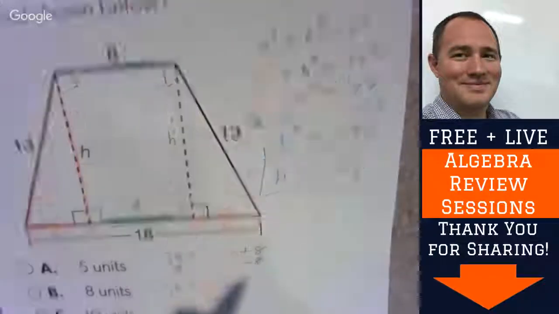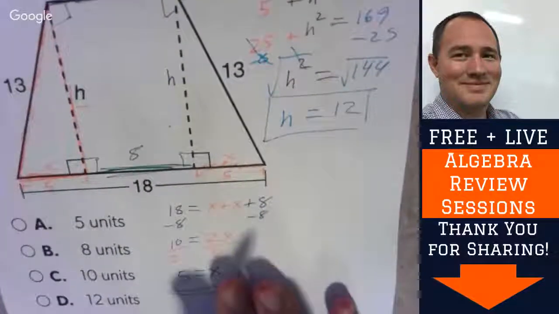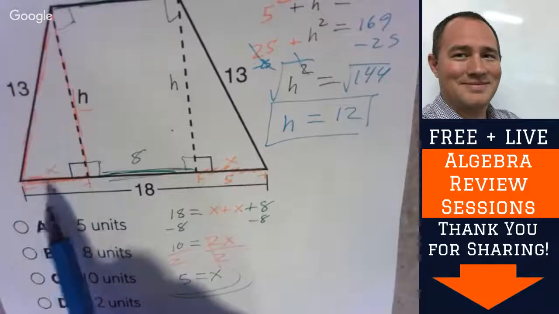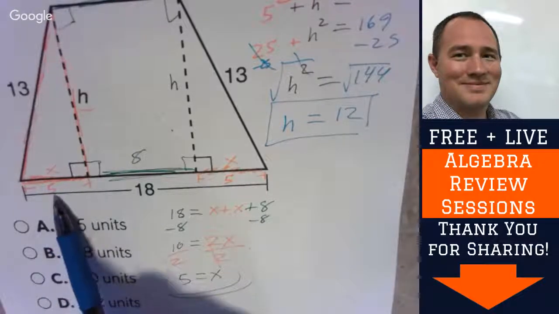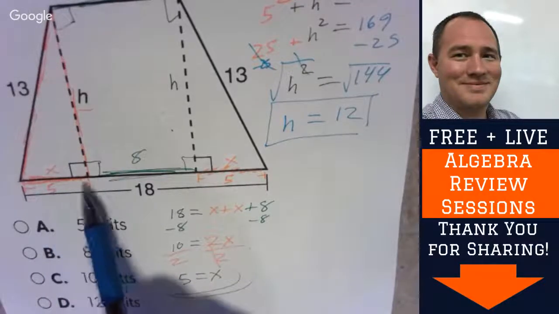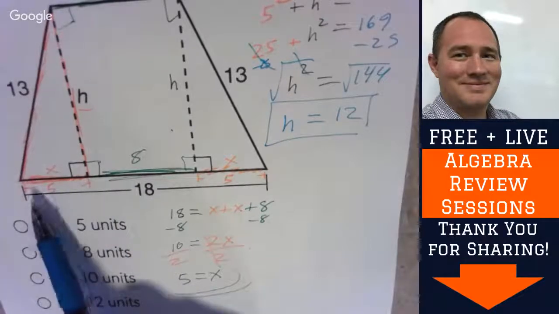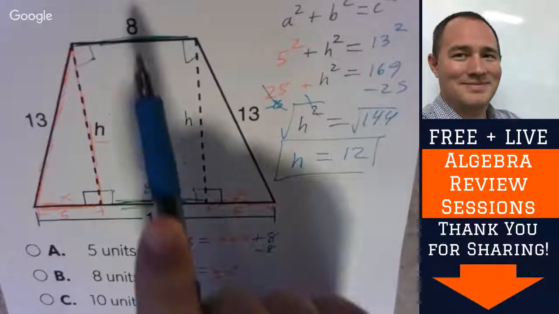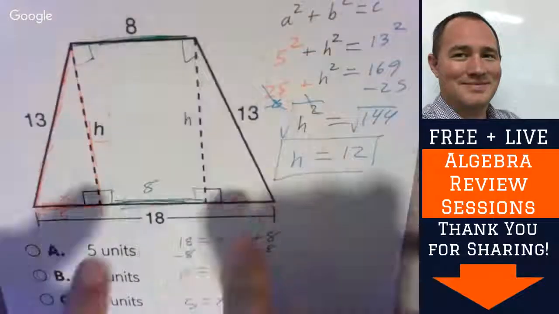So we had to do a little bit of a detour because we couldn't go straight to solving for h. We first had to use some of the knowledge we have about isosceles trapezoids to know that this small segment here was going to be 18 minus 8 divided by 2, right?